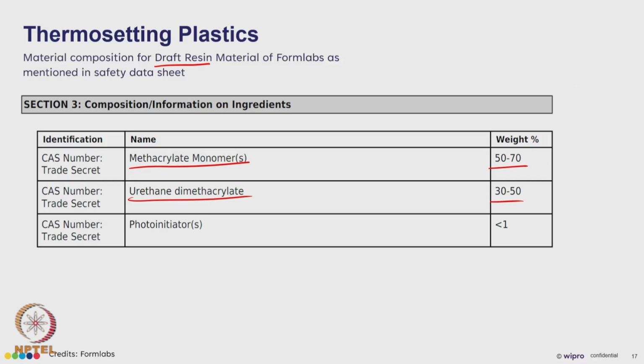So we couldn't come up with a particular name for the material, and the CAS number of the ingredient is also maintained as a trade secret. We will be adding some photo initiators to it, so that during the polymerization reaction in the printing stage, these photo initiators release radicals to start the photopolymerization, and the solidification happens.